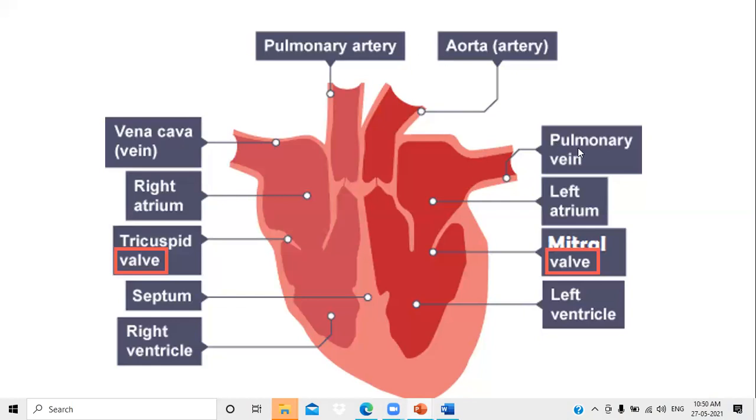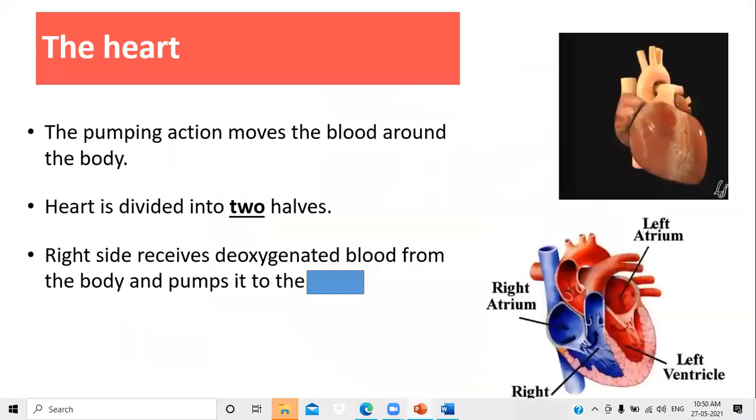Pulmonary vein, yes, exactly. The pulmonary vein is the only vein that carries oxygenated blood. So all of the arteries carry oxygenated blood except the pulmonary artery, and all of the veins carry deoxygenated blood except the pulmonary vein.